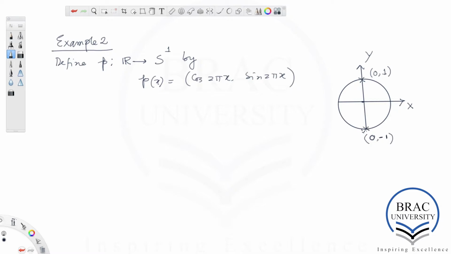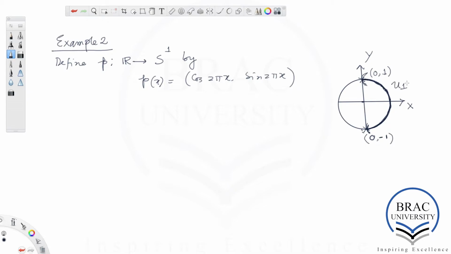In this diagram we have an arc here, which is this bold part of the circle, this arc between these two points (0, 1) and (0, minus 1). We denote this arc with U1.